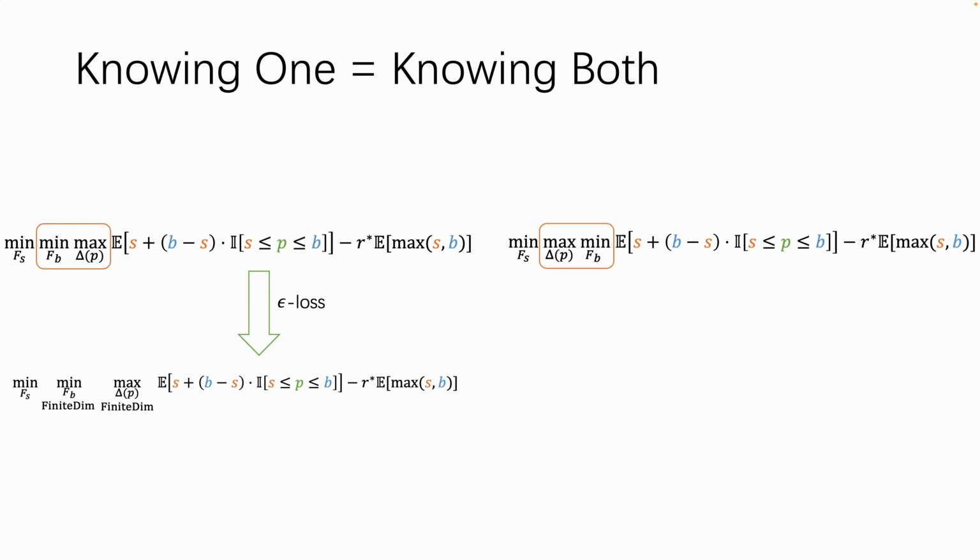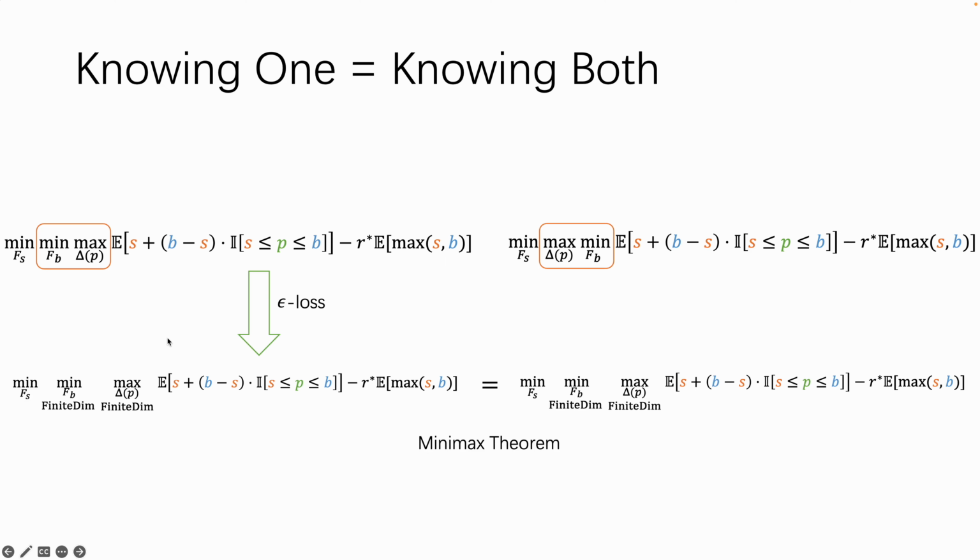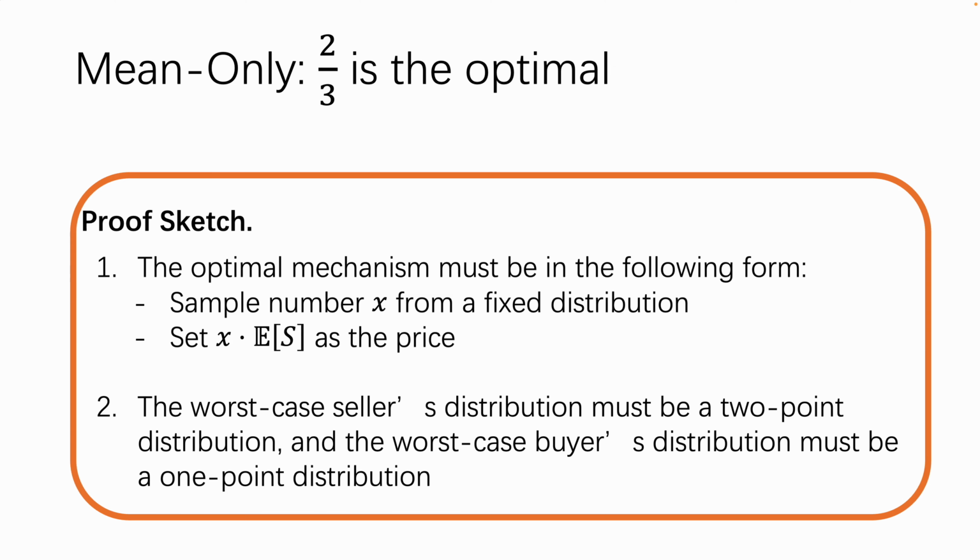So this means that we could consider discretized FB and delta P, which is in a finite dimensional space, and we only need to suffer a loss of at most epsilon. Then we could apply the minimax theorem here because the space is finite dimensional, and we get this equation. Finally, we see that these two terms could be arbitrarily close, and just letting epsilon approach 0, we finish our proof.